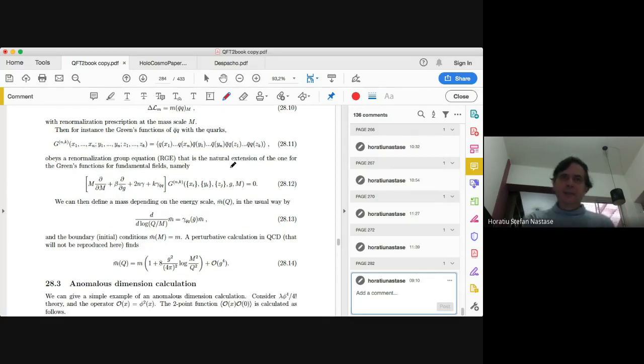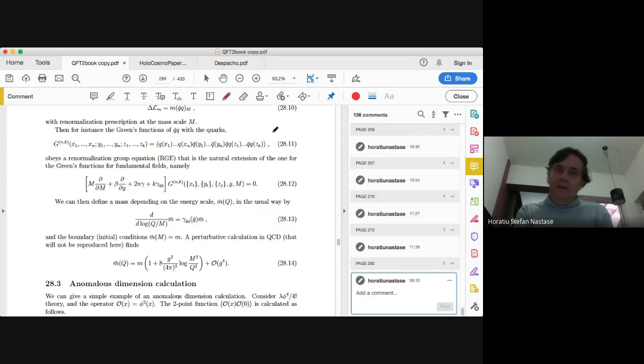So then this n-point function would obey the same kind of renormalization group equation that is a natural extension of the one for the fundamental fields. So I still have M d/dM, where M is this mass scale at which we renormalize, plus beta d/dg, plus 2n gamma coming from these insertions of the fundamental fields q and q bar, 2n of them, each with anomalous dimension gamma.